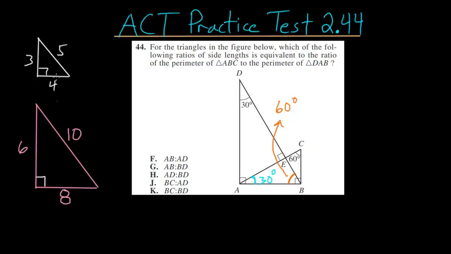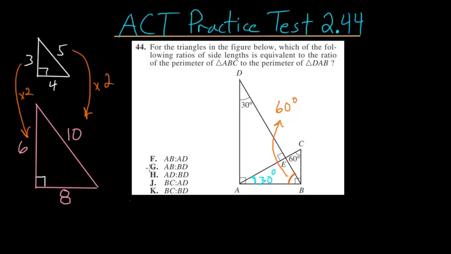So in other words, we start with this triangle here and we multiply the same number to each of these sides to get the corresponding sides on the bigger triangle. Notice that 3 times 2 gives you 6, and 5 times 2 gives you 10, and 4 times 2 gives you 8. So that's another way to know that these two triangles are similar to each other. If all of their corresponding angles are the same, then their sides will be in proportion to each other.